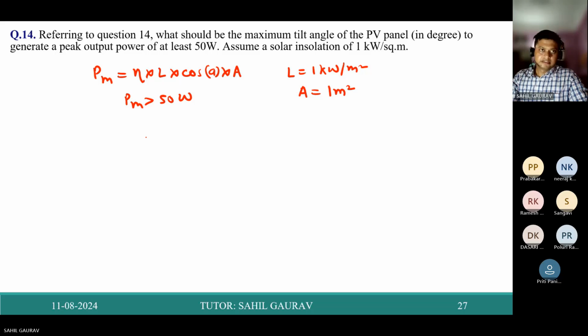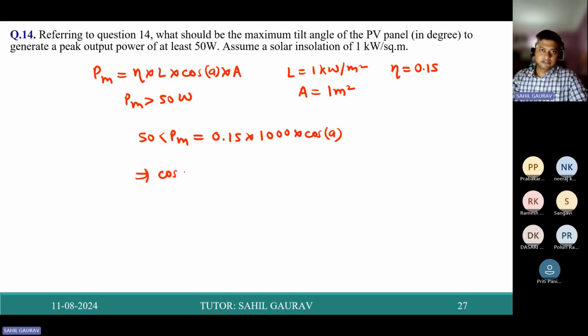So PM should be greater than 50 watt. So let us take it like this, equal to efficiency is given as 15%. So 0.15 into 1000 into cos A. So substituting all these values, cos A will be greater than 50 upon 0.15 into 1000.